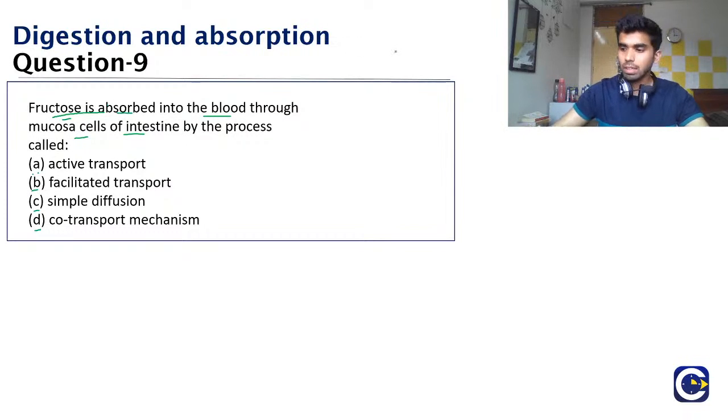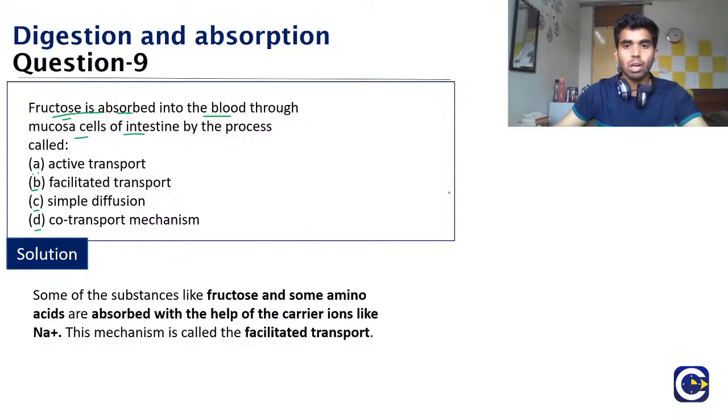See, there are various mechanisms. What is the main function of digestion? Digestion means breaking down of large particles into smaller particles, so that they should be able to reach inside the cell.